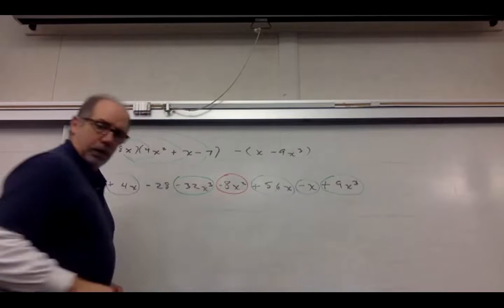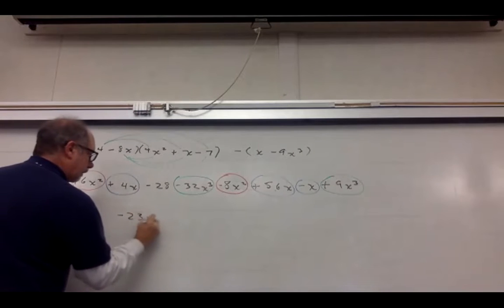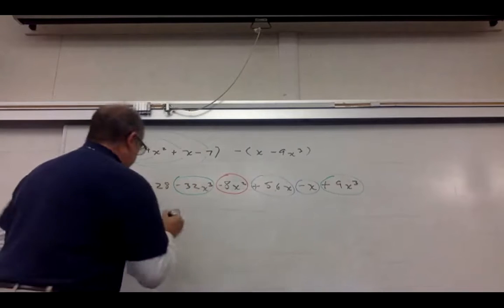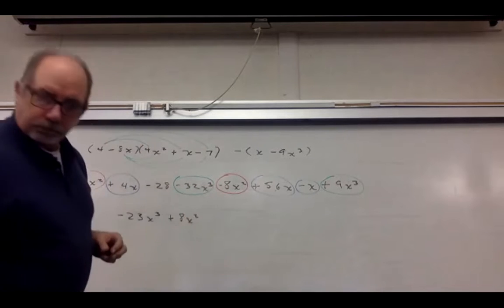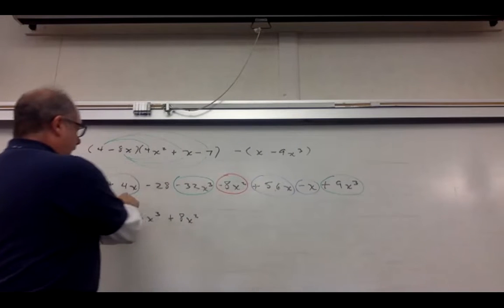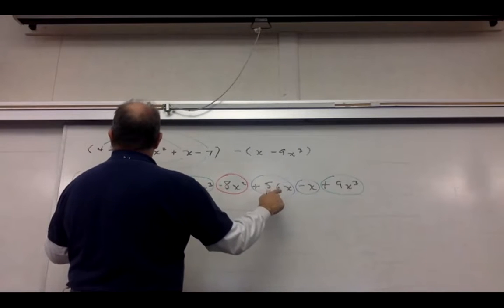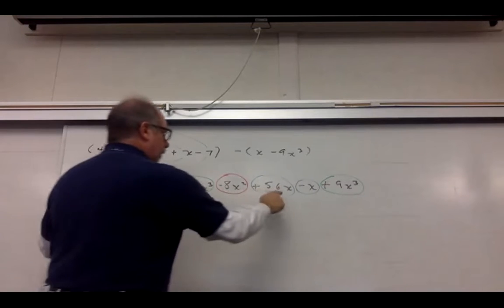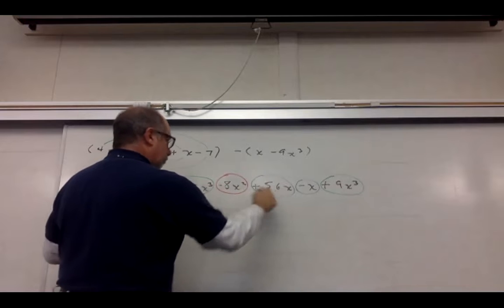Negative 32 plus 9 gives me negative 23, so negative 23x cubed. Add the reds. 16 minus 8 is 8. Okay. Blues. Positive 4, positive 56 is 60, minus 1 is 59.